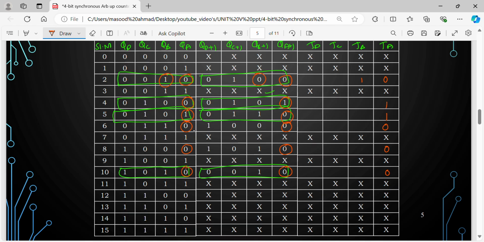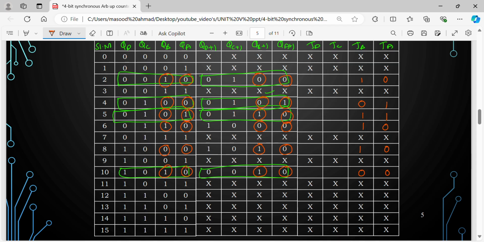Here it is 0, here it is also 0, so it is 0. Here it is 0, it is 1, so it should be 1. It is 1, whereas this is 0, it should be 1. Then when this is 0, here it is 1, so it should be 1. When it is 1, it is also 1, so it is 0.